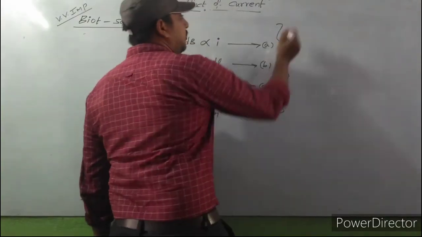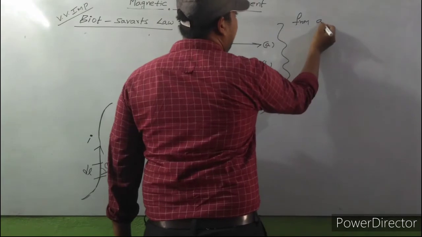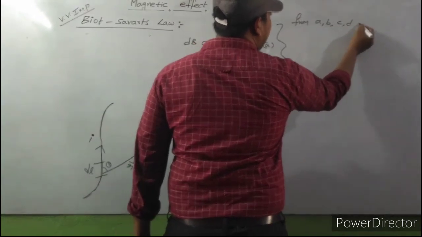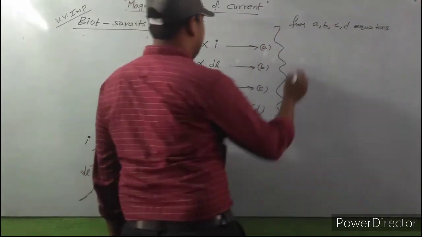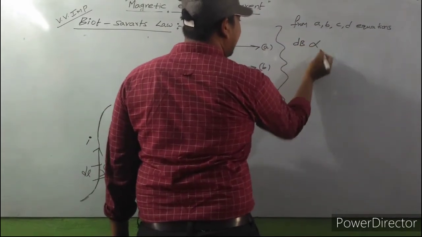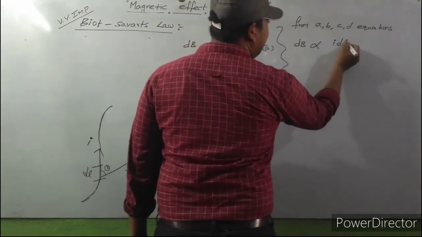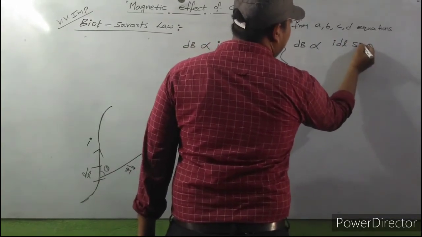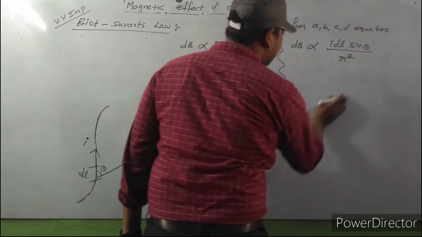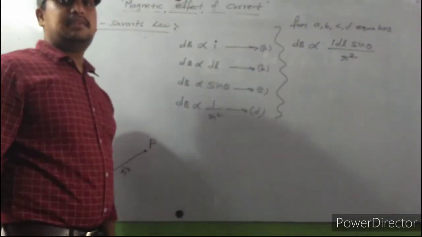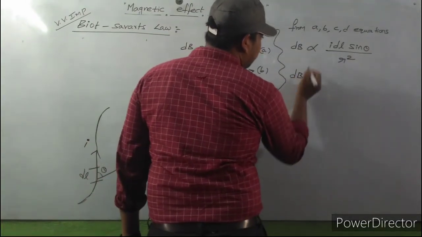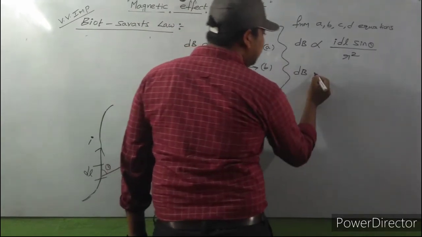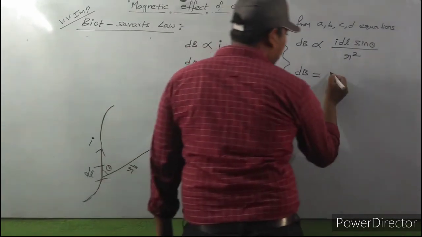So from equations A, B, C, D, dB is directly proportional to I dl sin theta by r square. If you remove this proportionality sign, we place a constant.